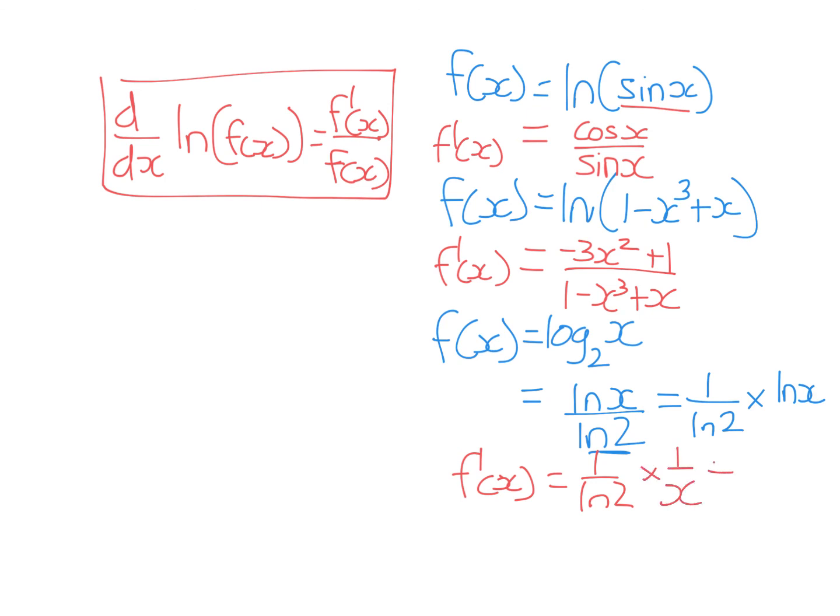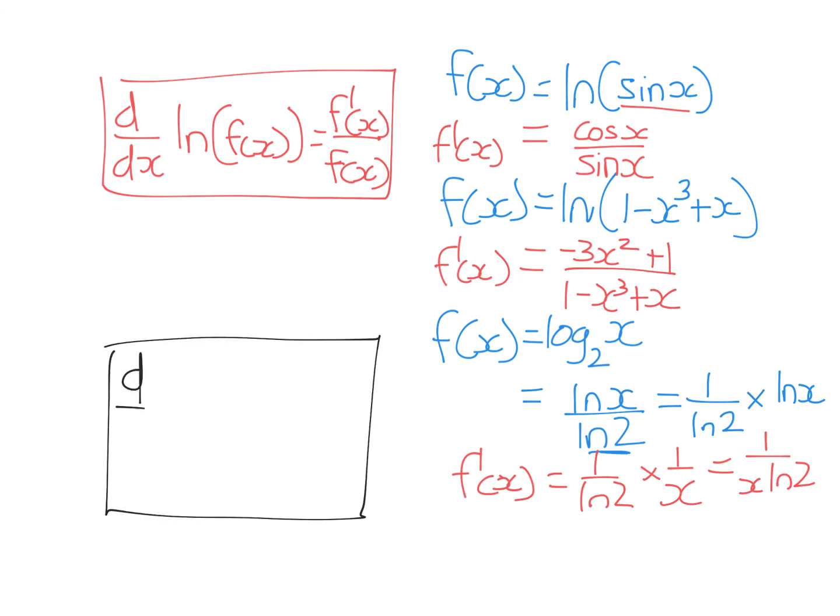So the derivative is actually 1 on x natural log of 2. So we can get another formula for this. So when you're differentiating a log function that's not base e, we'll just call it log base a of x, that is simply the same as log base e of x, but you have to times by the natural log of a. That's the quick way to do this one here.